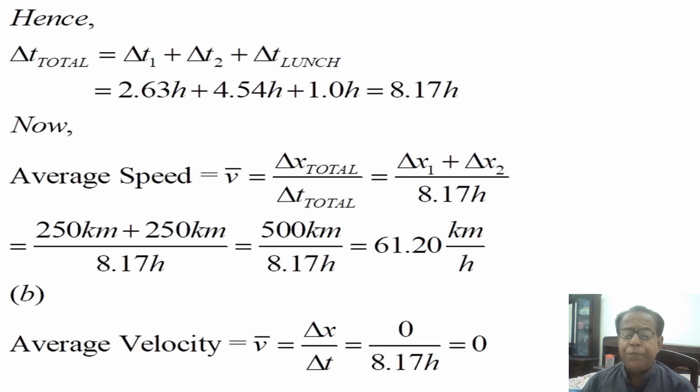So 250 kilometers plus negative 250 kilometers will be equal to 0. So when 0 is in the numerator, whatever is in the denominator, the answer will be 0. Hence average velocity v bar becomes equal to 0. And this is the end of our module.